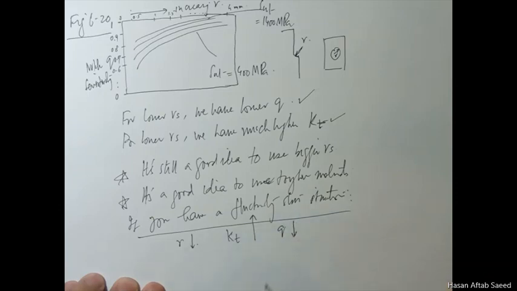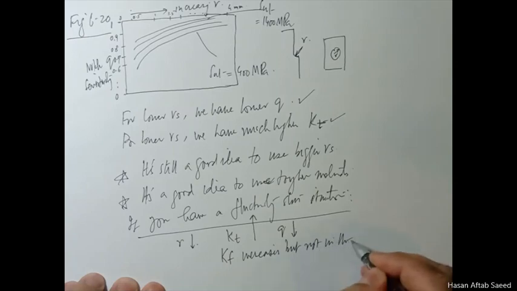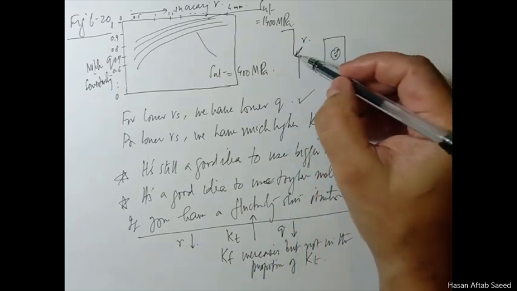So the net effect will be, so Q with R, KT increases tremendously, Q decreases, but not in the same proportion as this one. So the net effect is KF increases, but not in the proportion of KT.